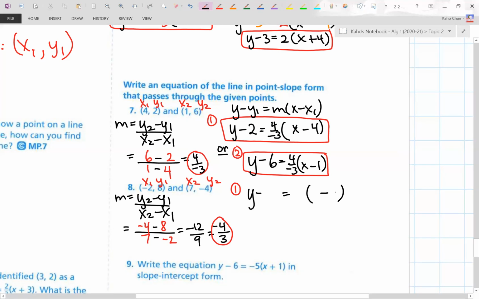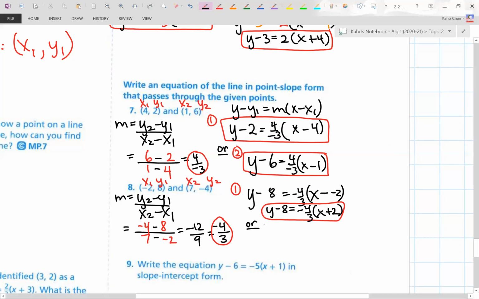All right, so the slope was -4/3. And we'll put in the first point, -2, 8. And when you clean that up, you'll get this, after the double negative becomes positive. Okay. And if you happen to plug in the other point, you'll get this as the answer.